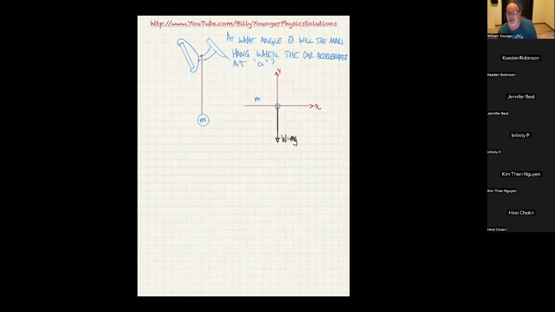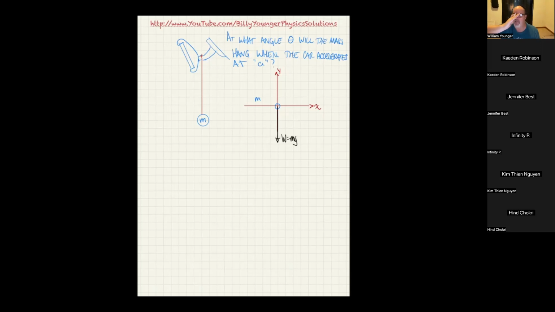Now, what we're imagining is I'm going to hit the accelerator of this car and maybe completely floor it in hopes of getting a uniform acceleration, at least for a couple seconds, or at least for a couple tenths or hundredths of a second. And then while I'm experiencing that constant acceleration, the string that the mass is hanging from is going to swing towards the back of the car.